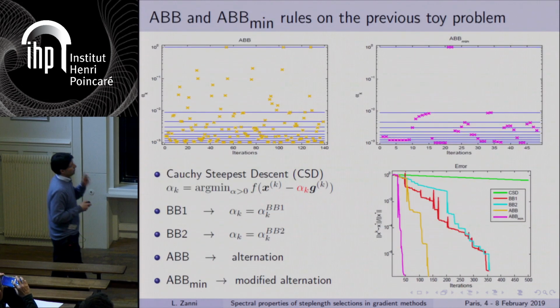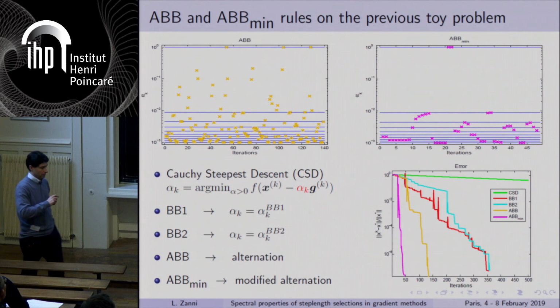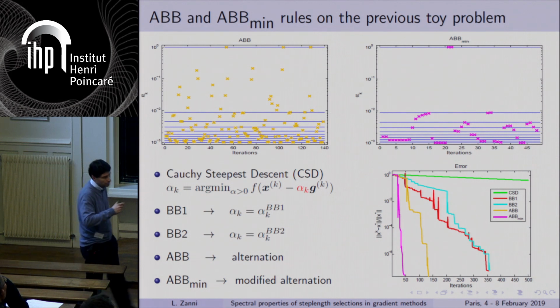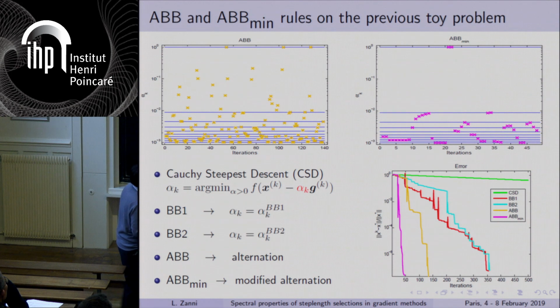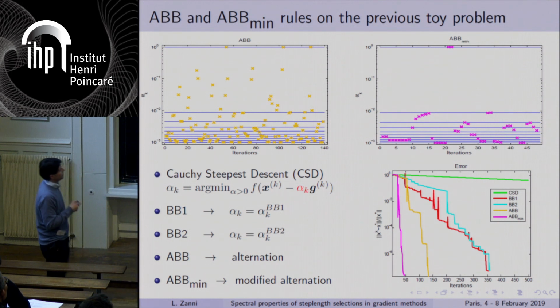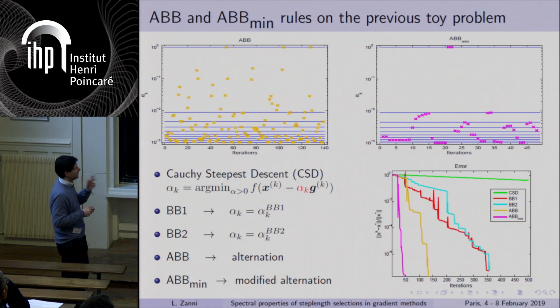If we try to show the behavior of this modified, improved Barzilai-Borwein rule on the previous toy problem, then we can observe that the strategy to approximate the inverse of the eigenvalues now is not random, but follows some kind of order in order to achieve a fast approximation of the eigenvalues.